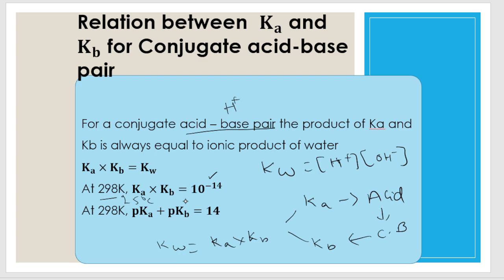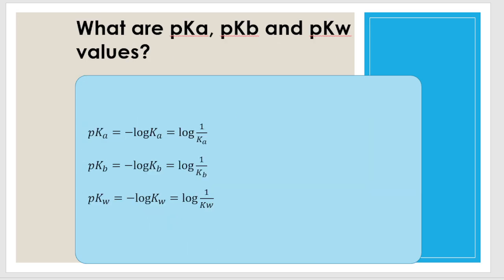If we apply the negative logarithm on both sides, you will get a new equation, that is pKa plus pKb is equal to 14. What is pKa? Negative logarithm of Ka. What is pKb? Negative logarithm of Kb. And what is pKw? It is nothing but the negative logarithm of Kw, right?